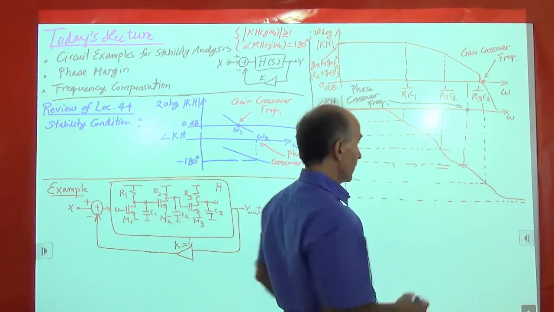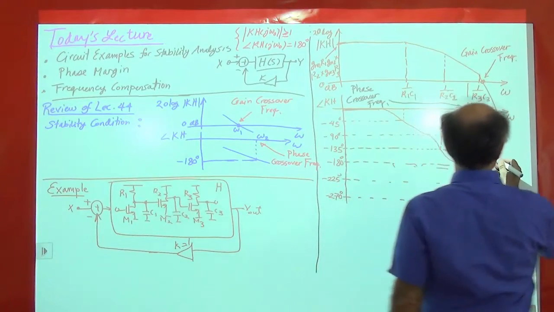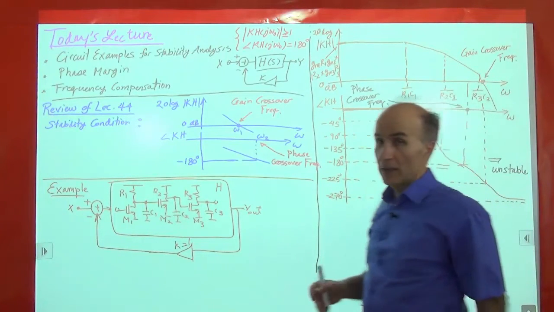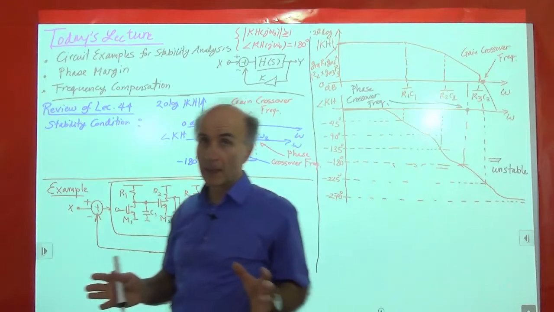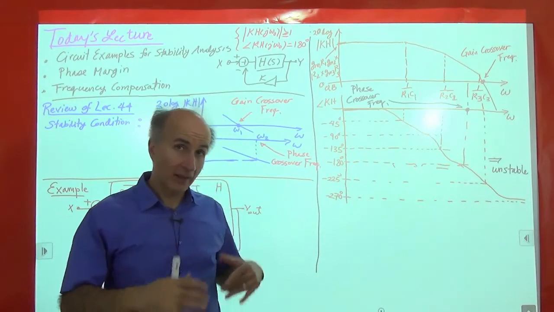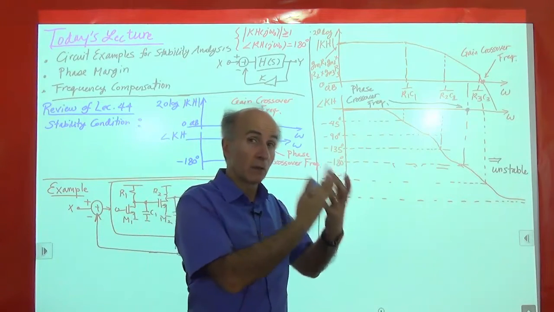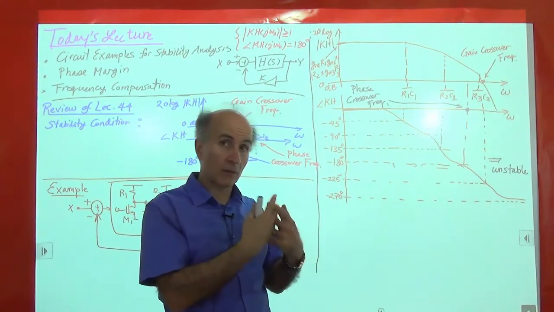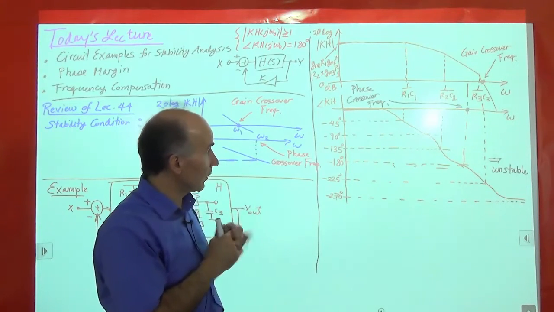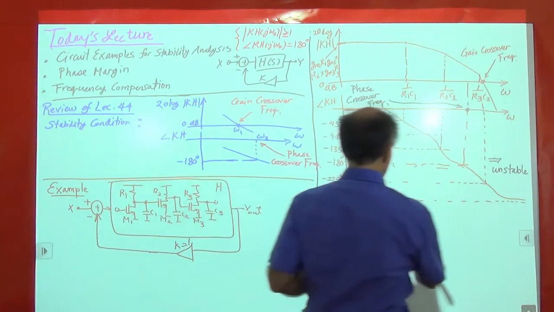So this system will be unstable. So again, I want to emphasize that what we are plotting here is for the open loop system, and the open loop system characteristics decide the fate of the closed loop system. They decide whether the closed loop system is stable or not. Okay, so that's an interesting example.